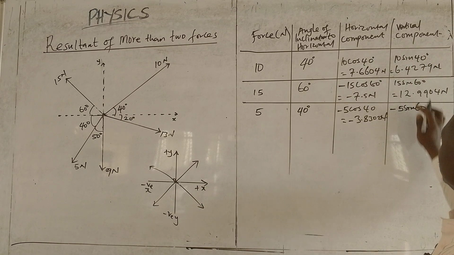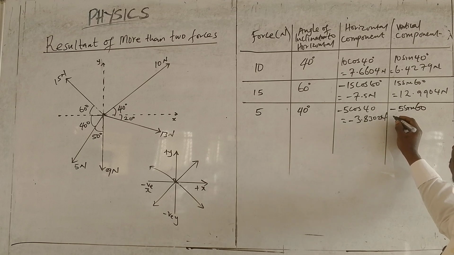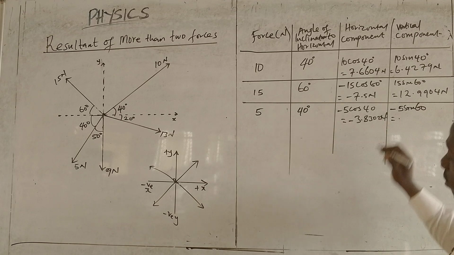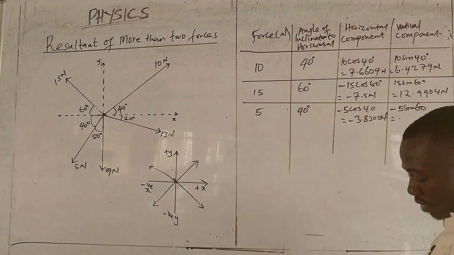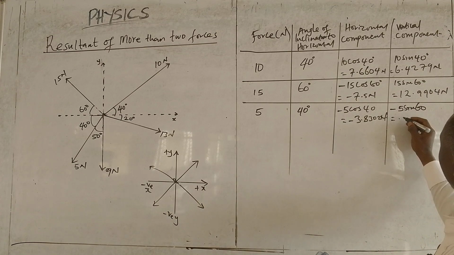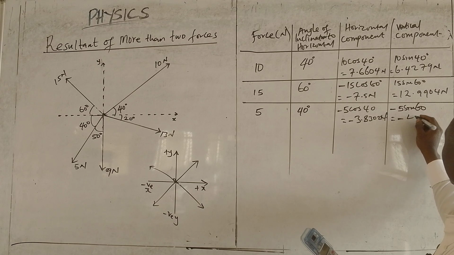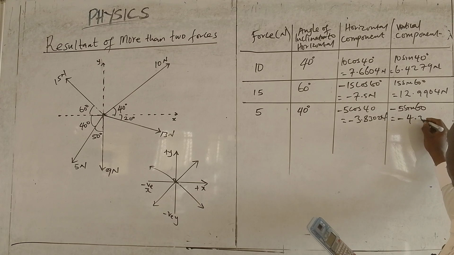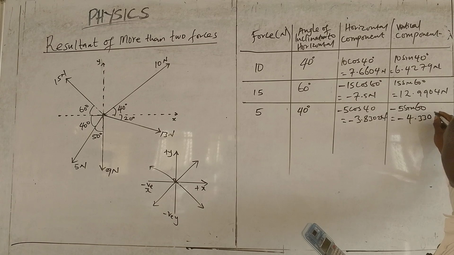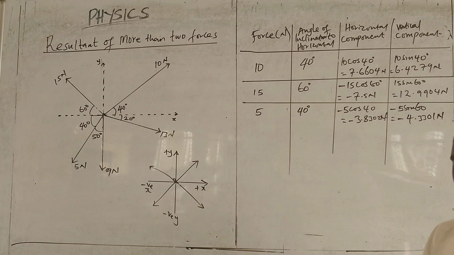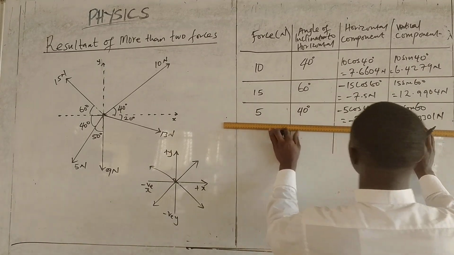So vertical component is always sine, horizontal is always cos. So this is going to be minus 5 sine 60, minus 4.3301 Newton. Then we move to 9 Newton.